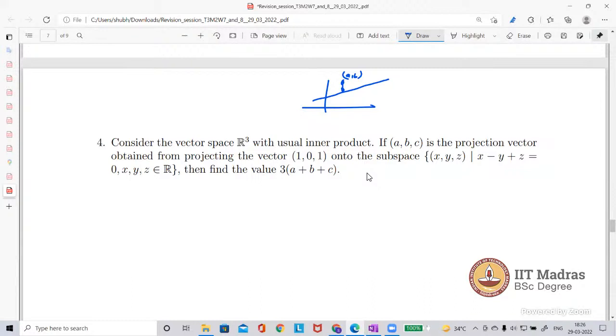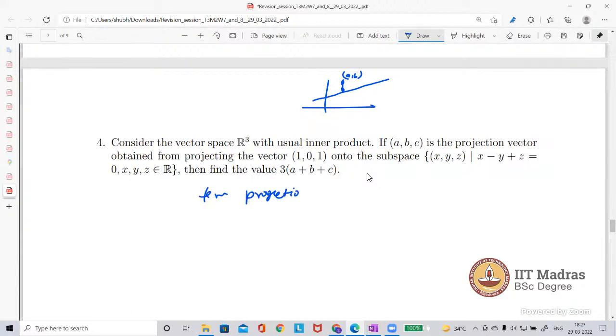The projection of a vector on a subspace, or projection of a vector on a vector, or projection of a vector on itself, meaning the vector space. The terms I am writing.